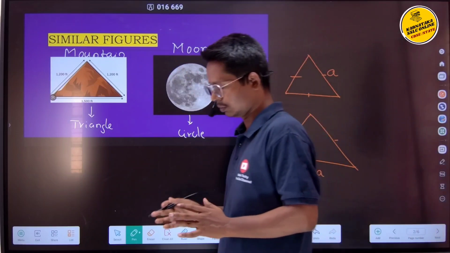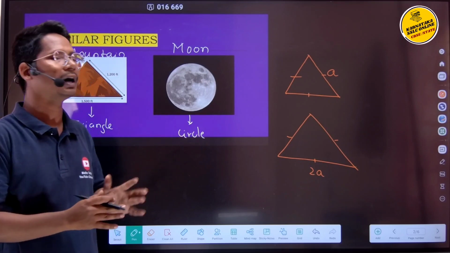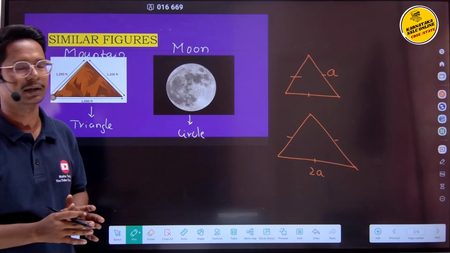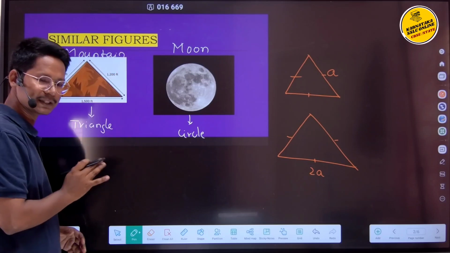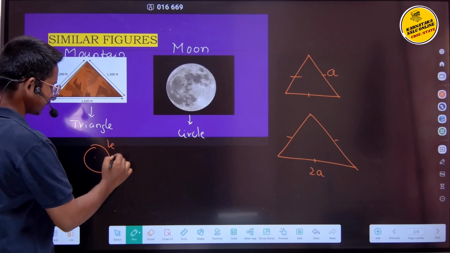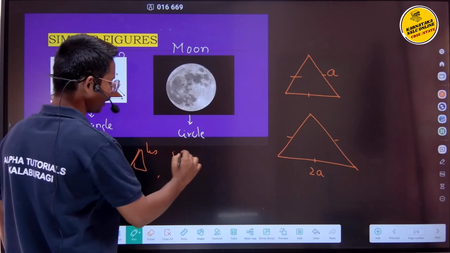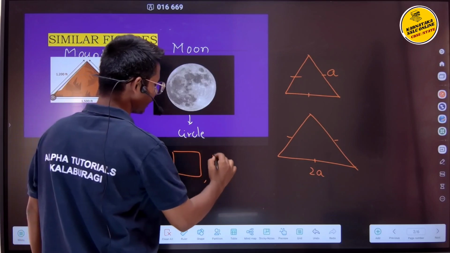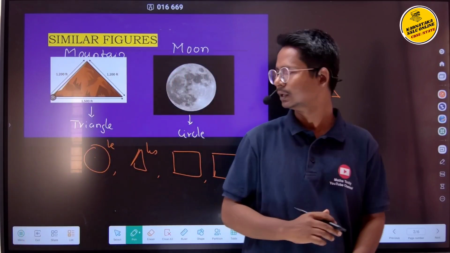Now you can apply these similar figures to other kinds of figures as well. You can use this principle for circles, triangles, squares, rectangles.